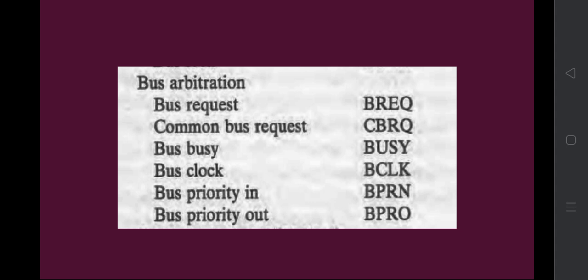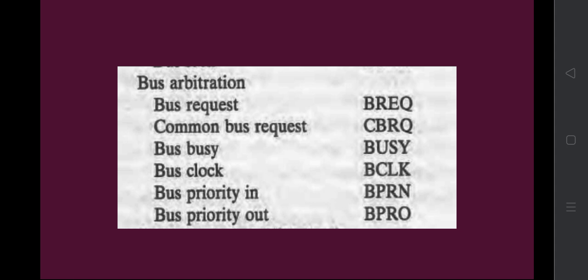Only then do other devices understand that no other device can access the bus for some period of time. So they have to wait, or do some other process of their own. Now the bus clock, BCLK, is another signal which helps to synchronize access of the different bus arbiter signals.